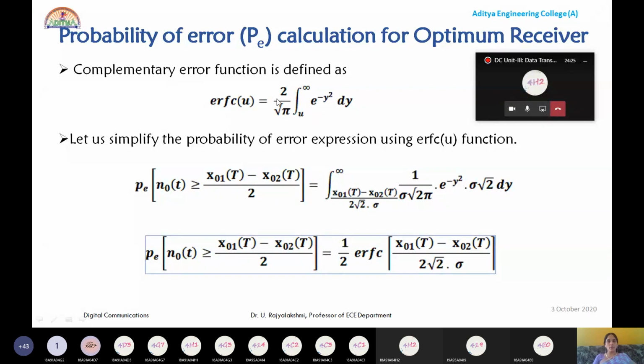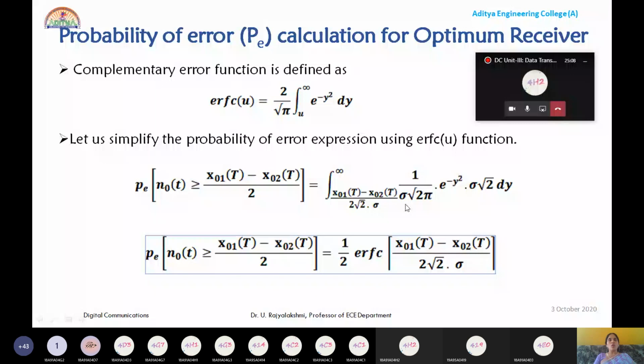Sigma root 2 gets cancelled and you get 1 by root pi. To get 2 by root pi as stated in the complementary error function, you can write it as 1 by 2 ERFC of x naught 1 of t minus x naught 2 of t divided by 2 root 2 sigma. This factor is nothing but the lower limit, so we represented the lower limit here.